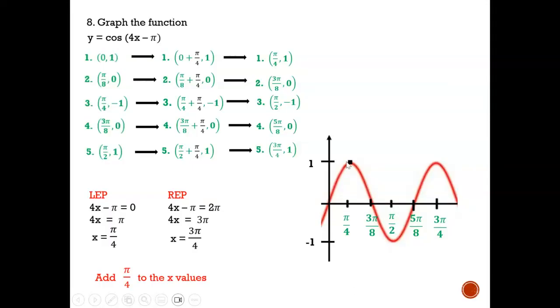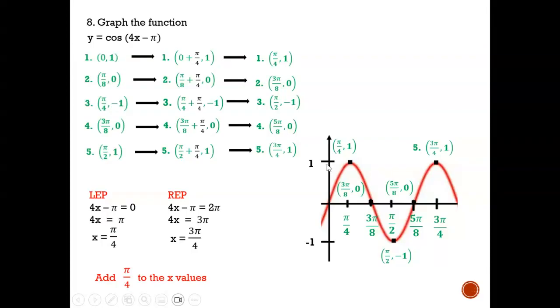Now the first point is going to be pi over 4, 1. My second point is going to be 3 pi over 8, 0. My third point will be pi over 2, -1. My fourth point is going to be 5 pi over 8, 0. And the last point is going to be 3 pi over 4, 1.